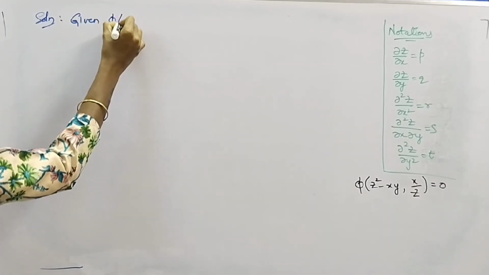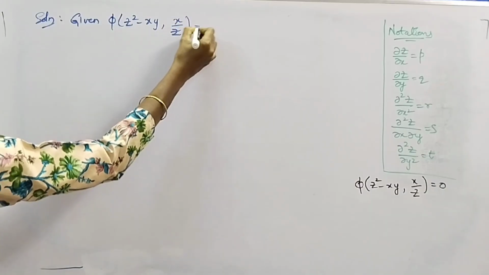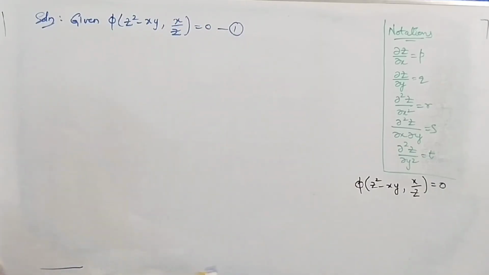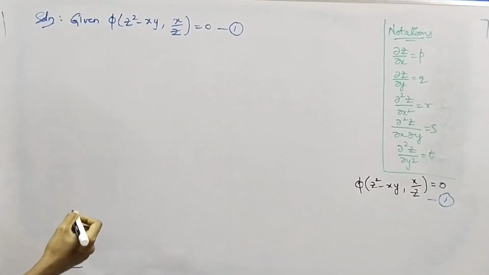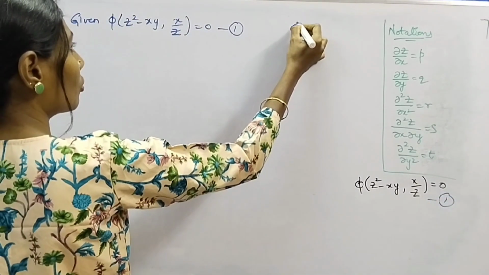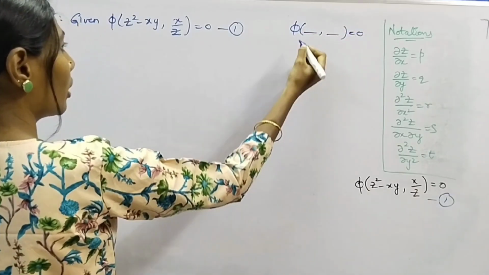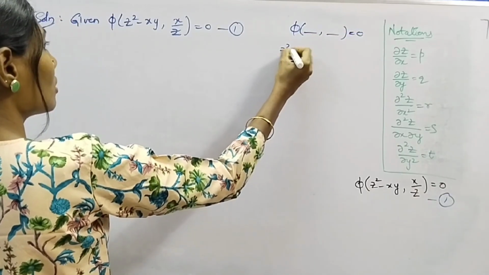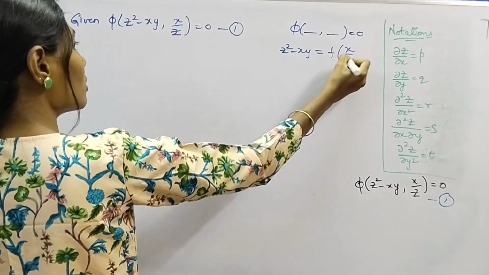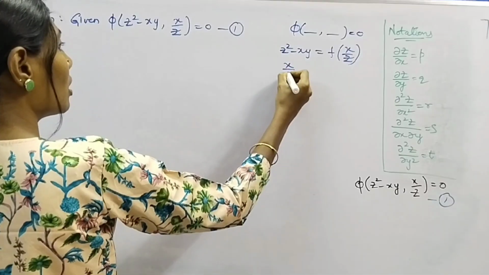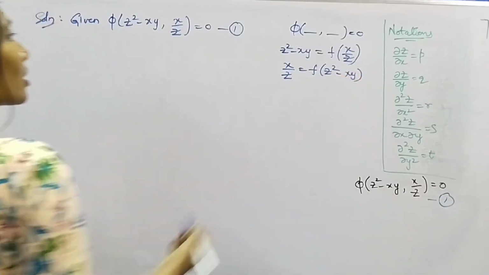Given phi of z square minus xy comma x by z equal to 0, consider this as equation number 1. Now we can write the same equation as: if we are given some function phi of something equal to 0, then we can write this as z square minus xy equal to f of x by z, or x by z equal to f of z square minus xy.